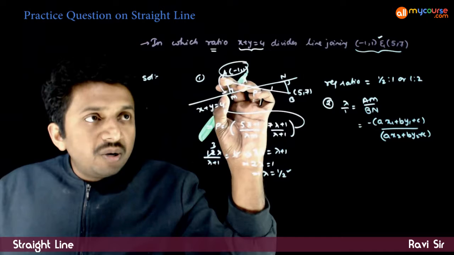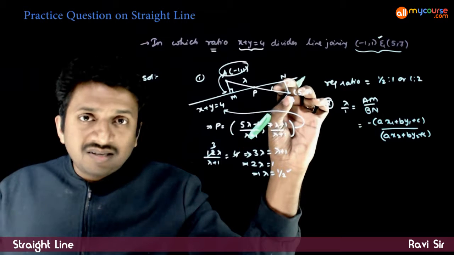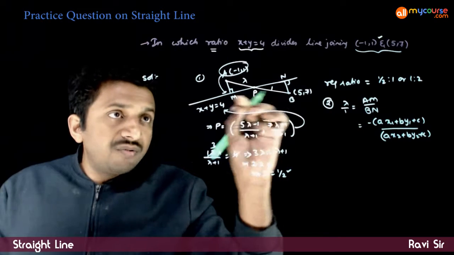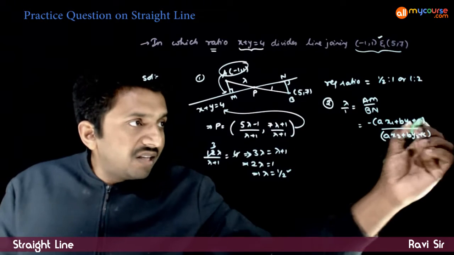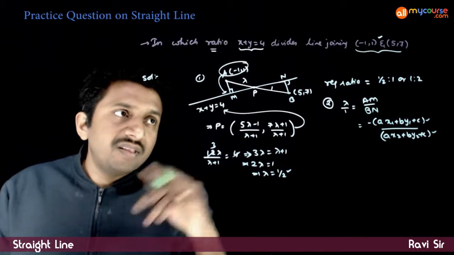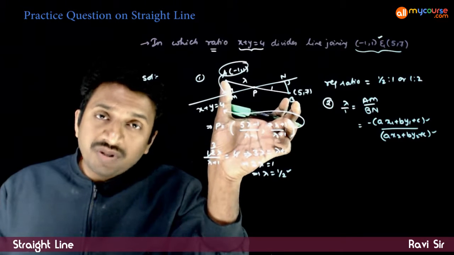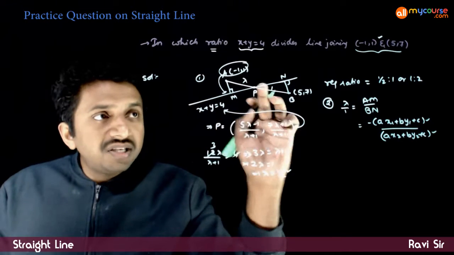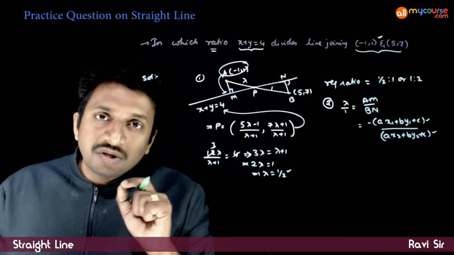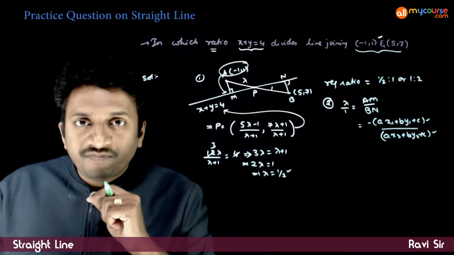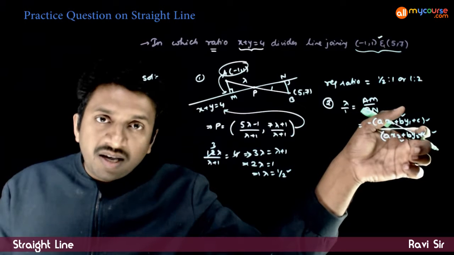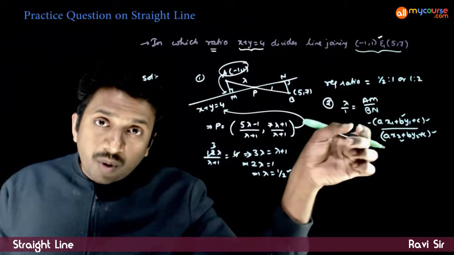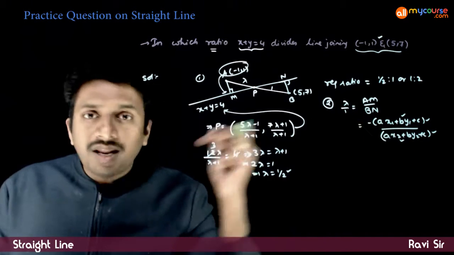If you substitute the first point on this line and second point on this line, if they give you opposite signs, that means these two are on the opposite side of the line. So the division is internal. So the ratio has to be positive. If these two are of opposite signs, this number will be negative, but we need a positive ratio. So we include an extra minus sign.